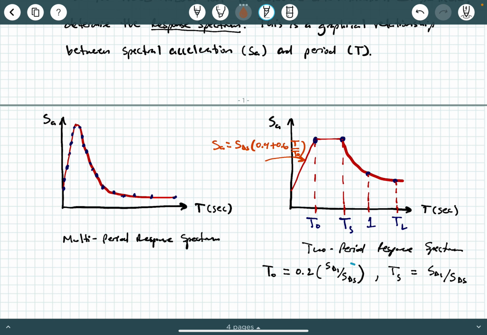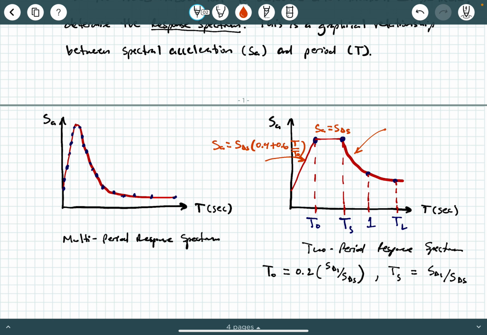And again, how do we get T naught? Down here, all right? Now, if you're on this horizontal piece right here, guess what? SA just equals SDS, all right? So that's within this domain. You're between T naught and TS, all right? What if you're on this little nonlinear segment right here? Well, we do have an equation for that nonlinear segment.